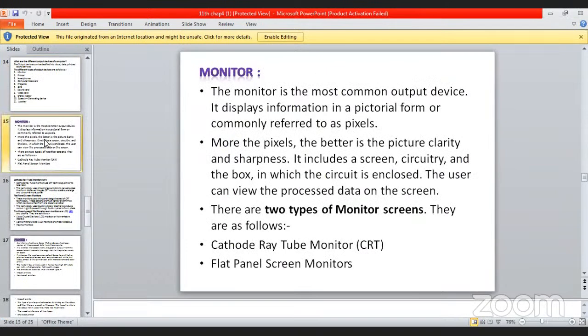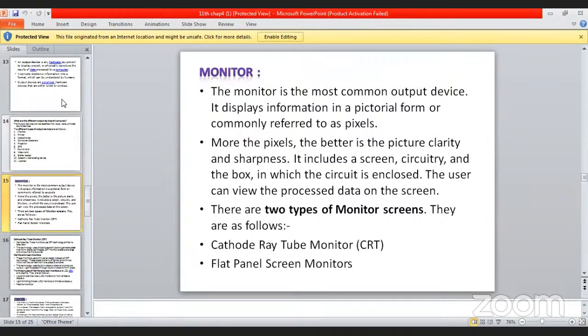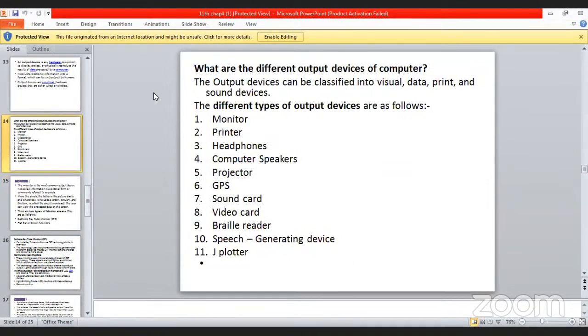Now, what are the different output devices of a computer? The output devices can be classified into visual, data, print, and sound devices.